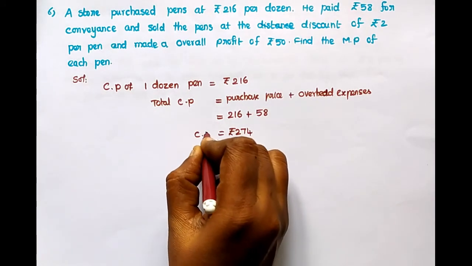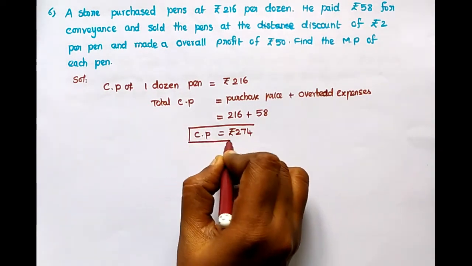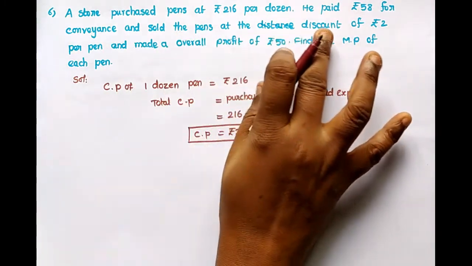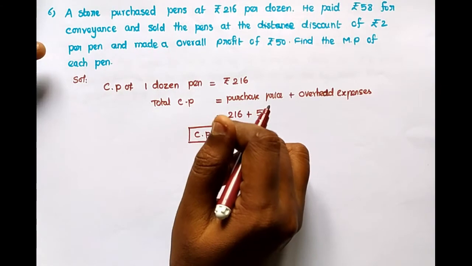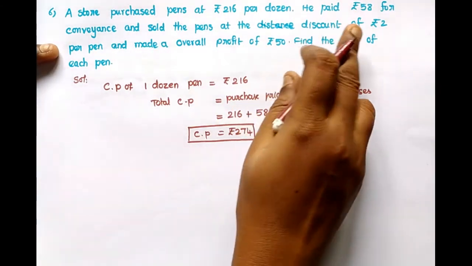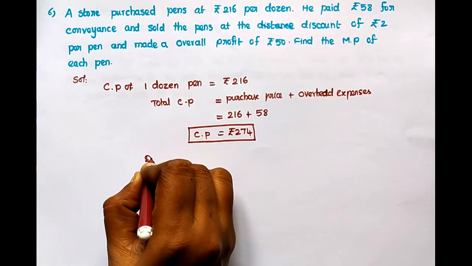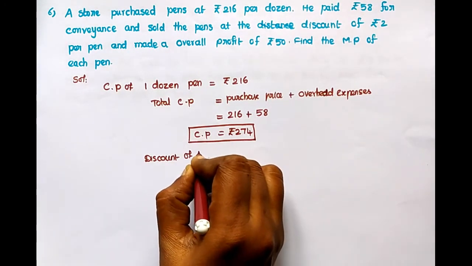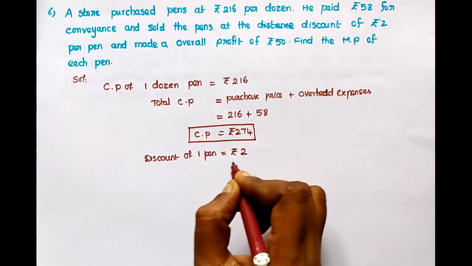That is cost price. Now listen, sold the pens at a discount of rupees 2 per pen. For one pen discount is 2 rupees. Discount of one pen equal to 2 rupees.